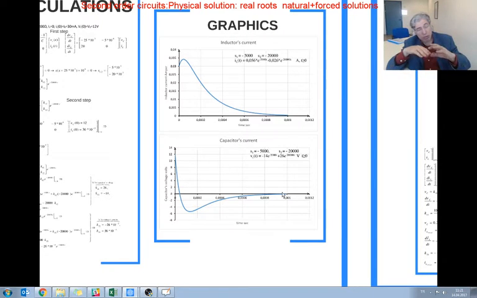When you look at the natural solutions, this solution must go to 0. Why is that? Because these solutions are related to the stored energy on the capacitors and inductors. That stored energy is a certain amount of energy.